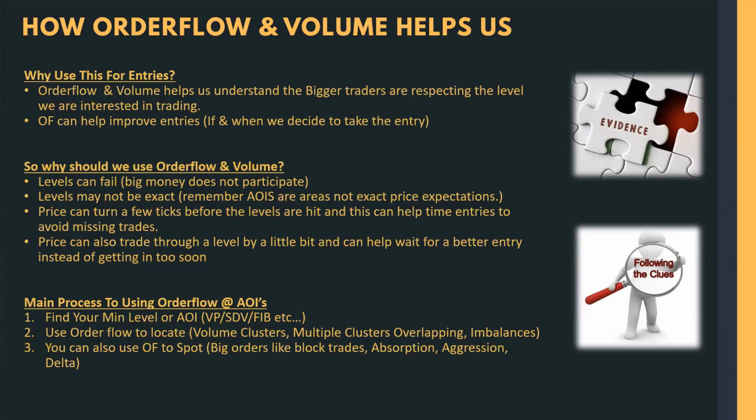Now, the other thing here is, why should we consider using it? Well, first of all, levels can fail. If you have an area of interest, it doesn't necessarily mean the market will follow through, and that way order flow can help you. Another thing too is, remember, levels are kind of like an area in the market. If you have an area of support or resistance, I'll give you an example. Let's say I wanted to have a level of support, right?